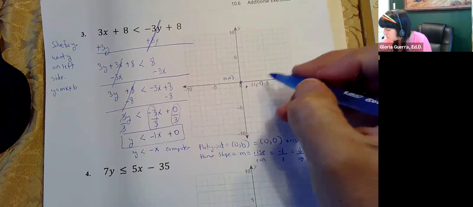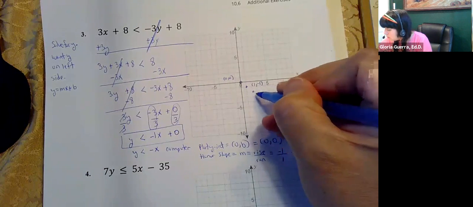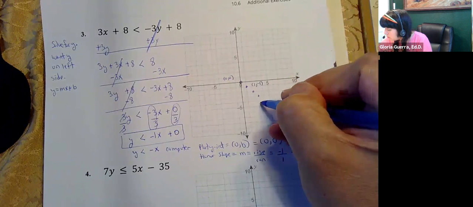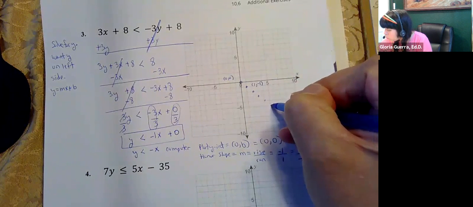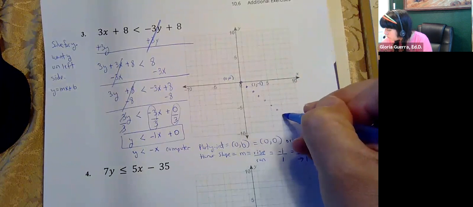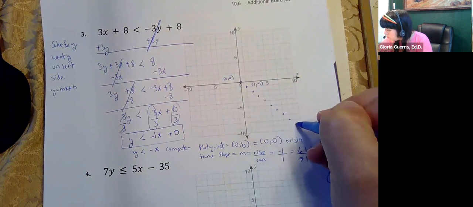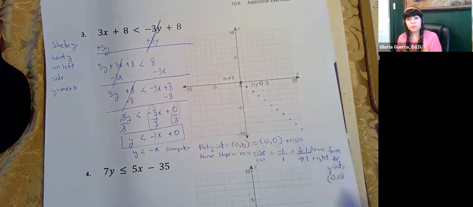And then you just keep going down 1, right 1, down 1, right 1. You have lots of grid here. It's collinear.